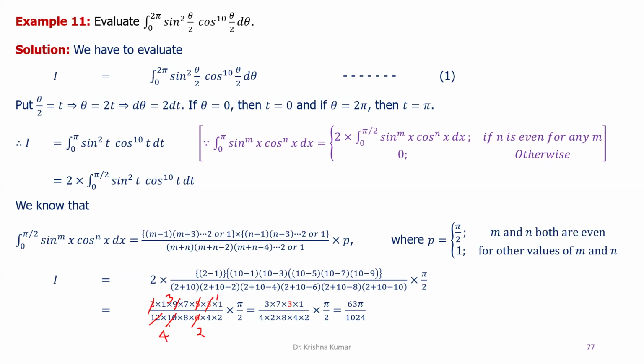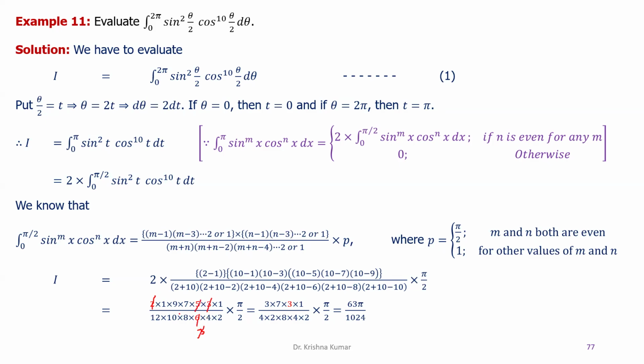So if we see what remains in the numerator, it is 3 into 7. The 3 cancels with 2, this 2 cancels with this 3, and this 3 cancels with this.